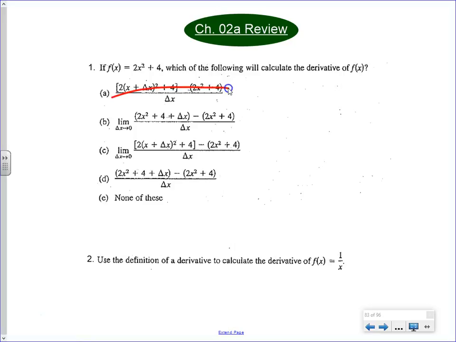He doesn't have a limit and he doesn't have a limit. Forget those. The limit of f of x plus h, or f of x plus delta x. Which one is putting x plus delta x inside of f? You need to put it inside.